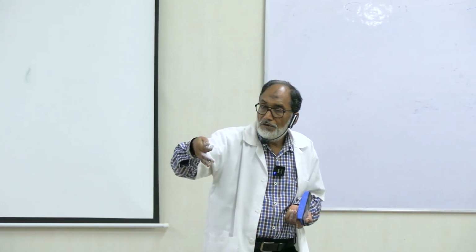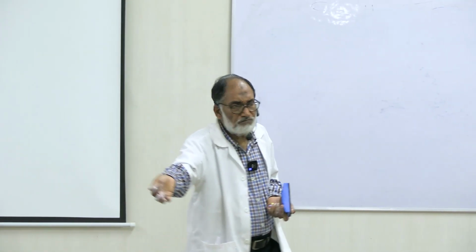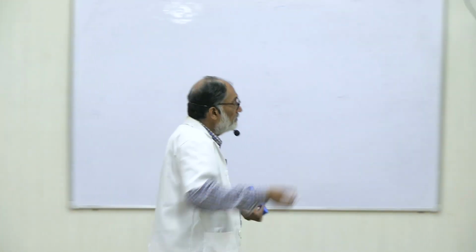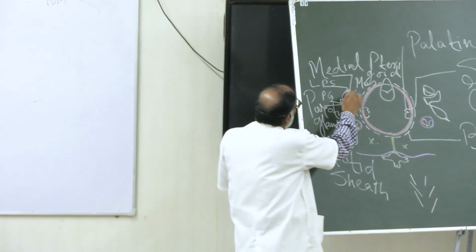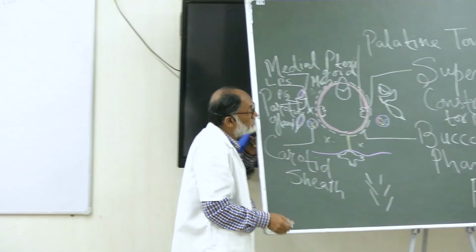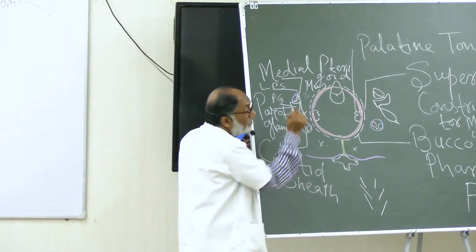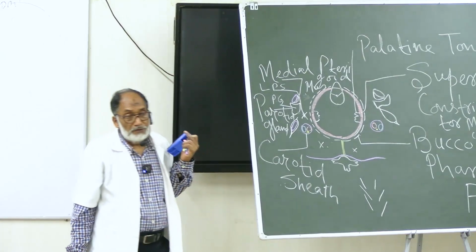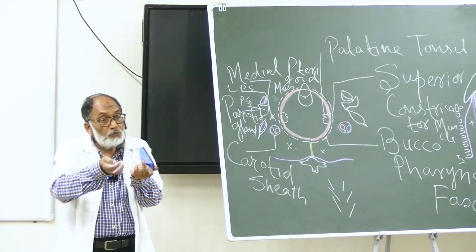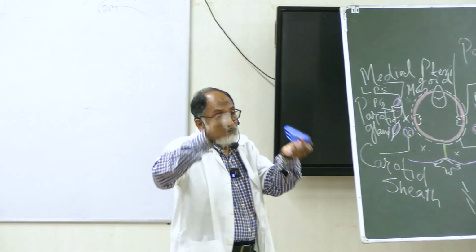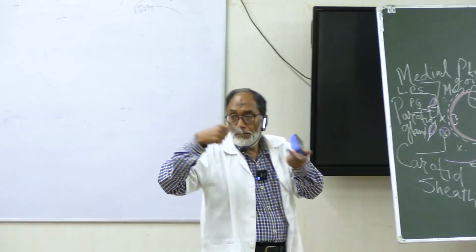Medially, the lateral wall of the pharynx; laterally, again anterolateral and posterolateral. Anterolaterally this is the medial pterygoid muscle, and posterolaterally this is the parotid gland. And you know the parotid gland is covered by which layer of the sheath?